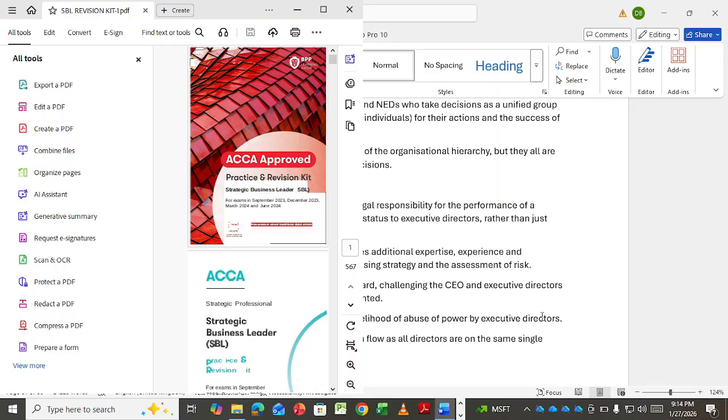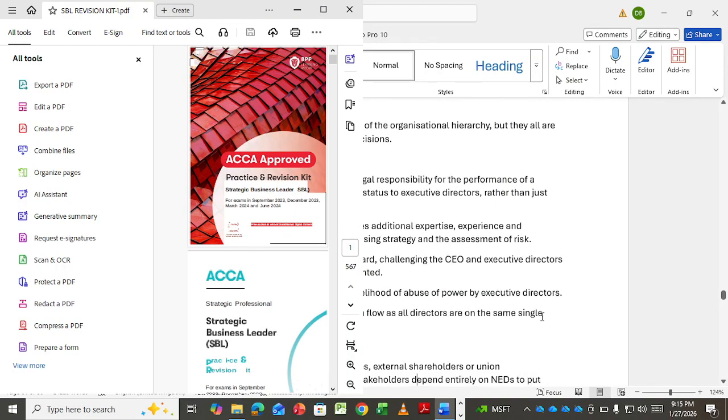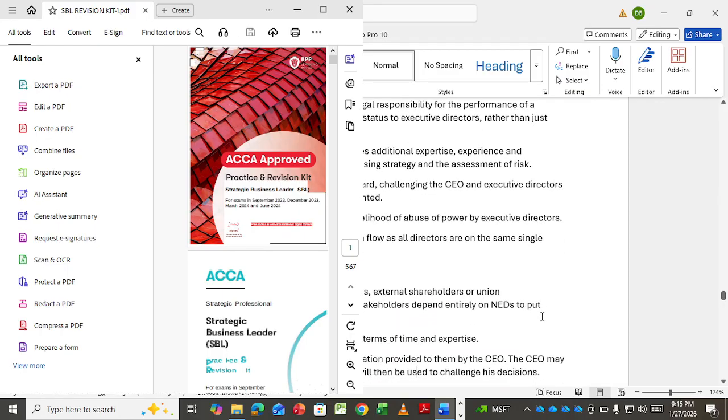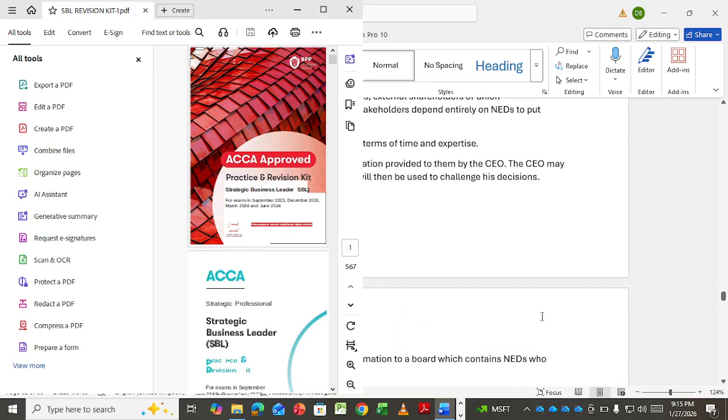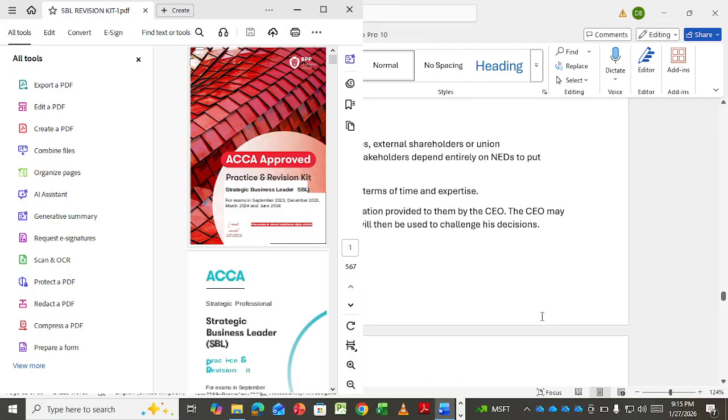There will not be abuse of power by maybe a small circle of the executive directors. All the members on both boards will be looked at to have almost equal authority in terms of decision making and company management.